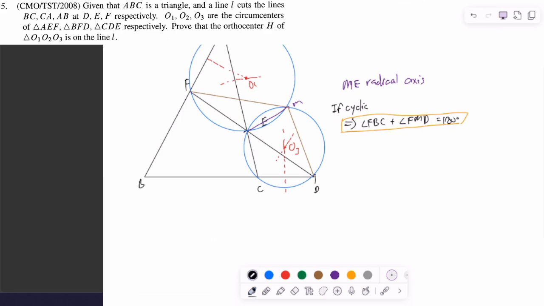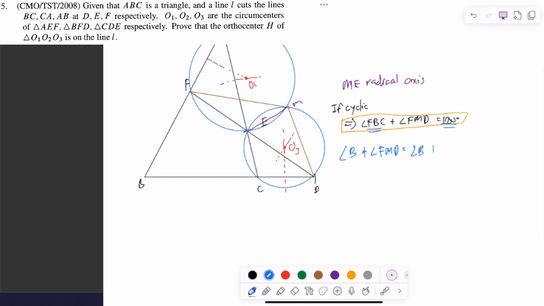So first we do angle B, which is also angle FBC, the same thing, plus angle FMD. We can't conclude that's 180 because we don't know. We try to prove that it's 180. Okay, we can split FMD into two parts, right?